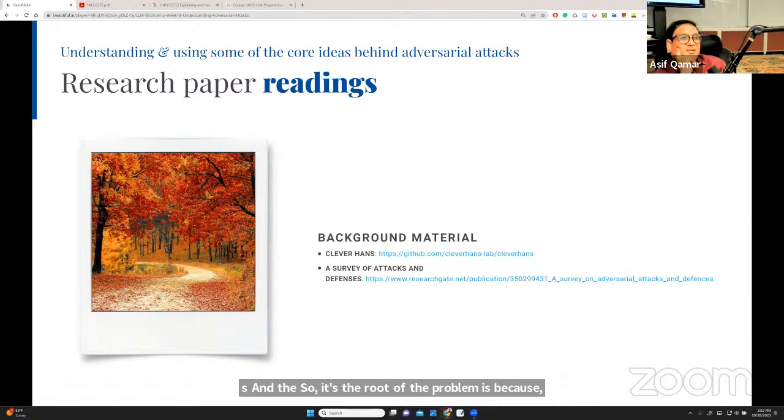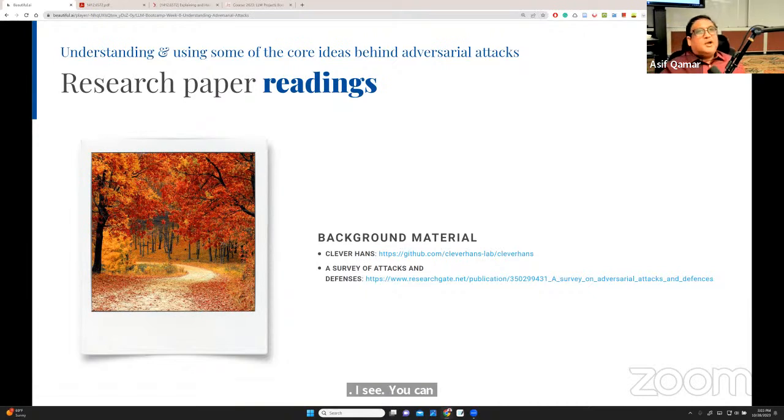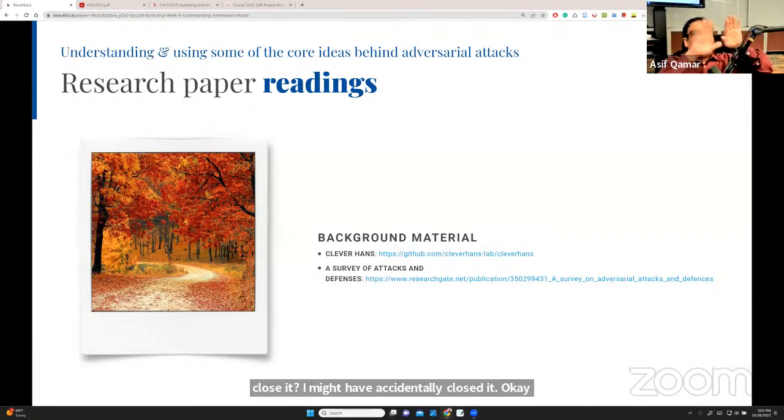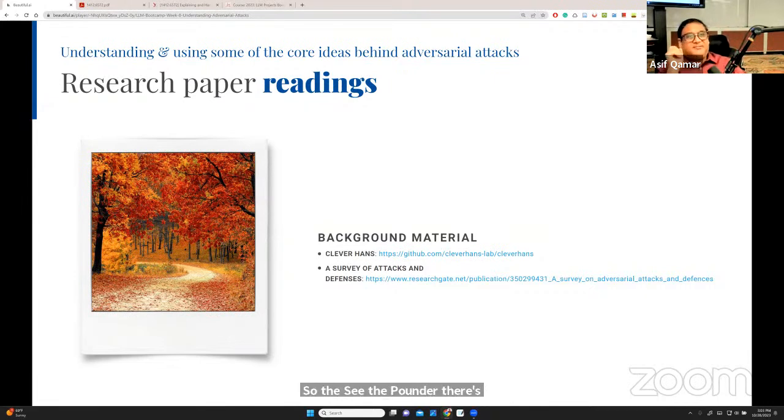No, it's the opposite. It is the fact that human perception... See, you can theoretically assume that the middle picture in the paper, where is it? I have to go to the paper now. Give me one second. Oh, did I close it? I might have accidentally closed it. Okay. So the panda plus noise, our human eye is not sensitive enough to know the distinction.